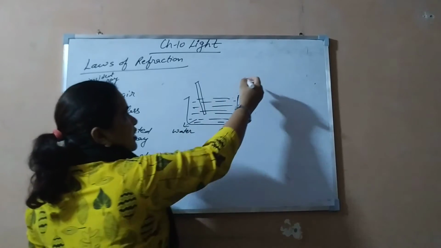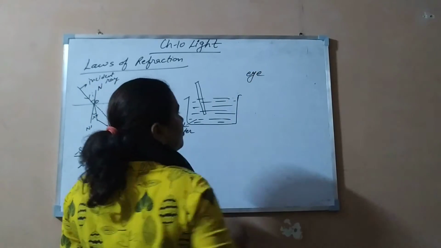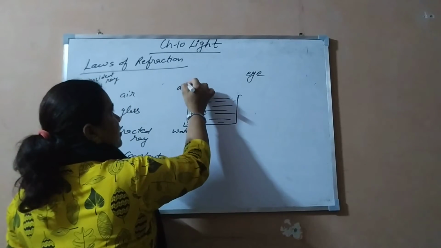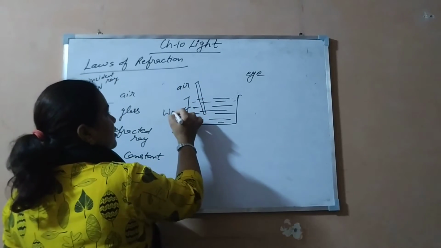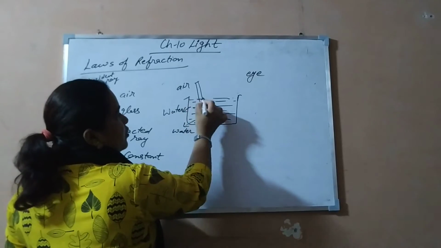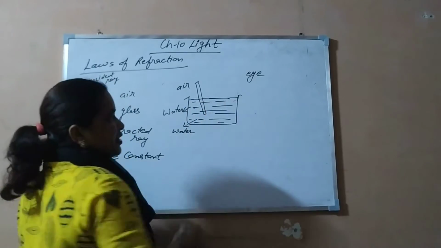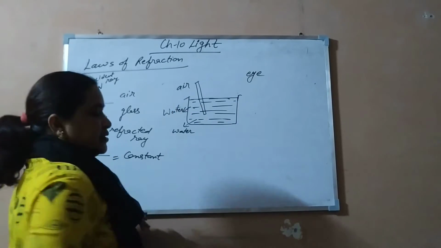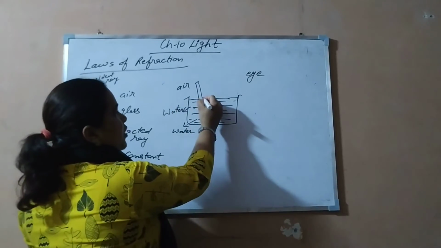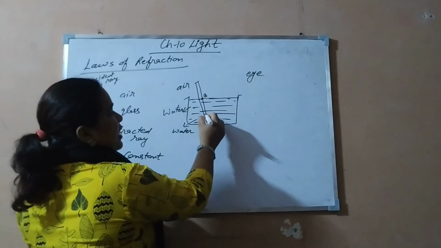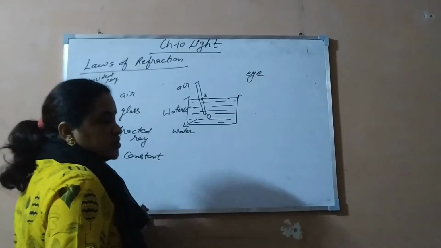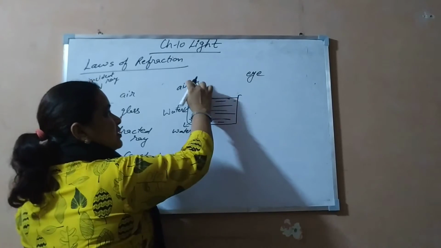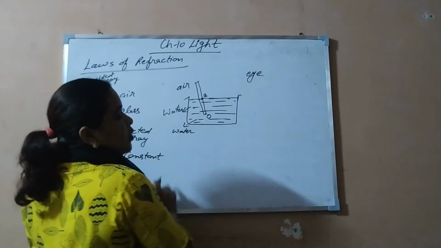When we look from this side, what is here? Air. And what is this medium? Water. So there is a boundary, an interface between water and air. This point you can consider as B, and this point as O. From this point B, the pencil or stick appears bent to us.